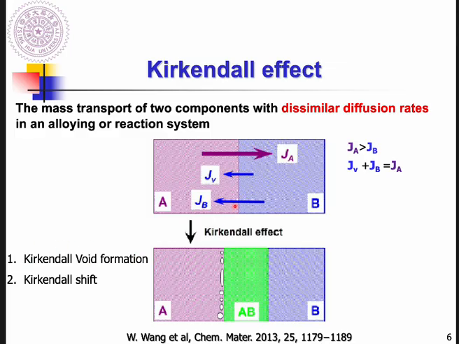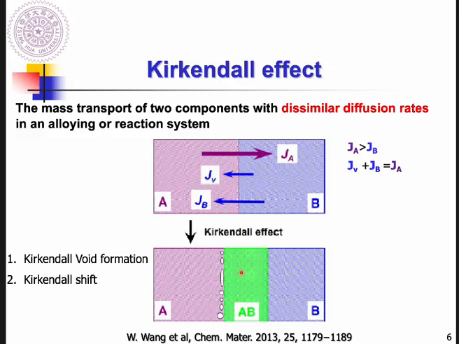And the second is that you have more A moving to the left-hand side and less B going to the left-hand side, so there is more A here. This A will push the interface to move toward the left-hand side. So we also observe the interface moving. This we call the Kirkendall interface shift, or Kirkendall shift.